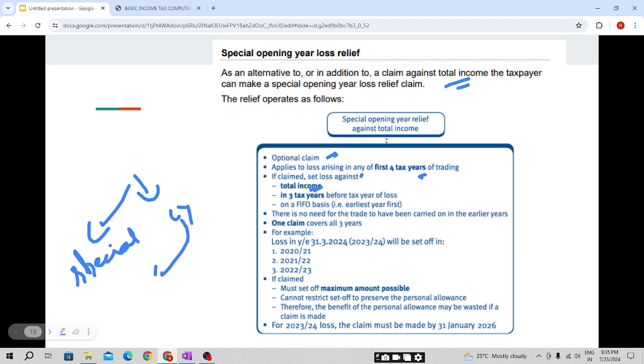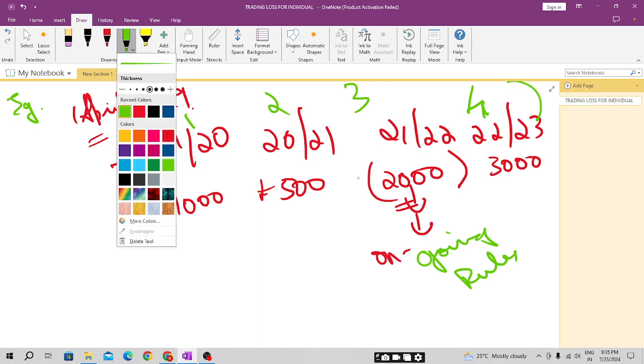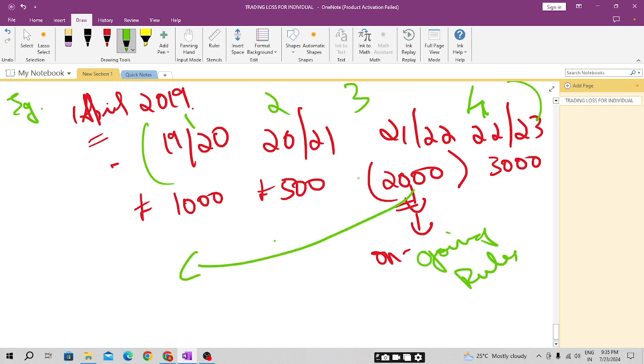For the 3 previous tax years we can set off on a FIFO basis, that is first in first out. So in our example, if we are opting for the opening year loss relief, we can set off against the previous 3 tax years, that is 2021, 1920 and 1890. But in which format? From year.